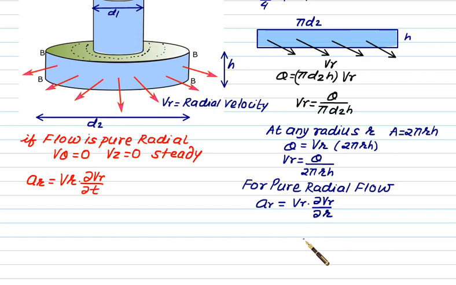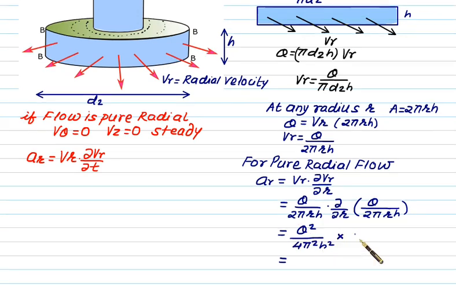That is, we have q divided by 2 pi rh, into del by del r of vr, that is q divided by 2 pi rh. This time q and 2 pi h are constant, so they can be taken outside. So we have q square divided by 4 pi square h square into 1 by r times the derivative of 1 by r, and the derivative of 1 by r is minus 1 by r square.